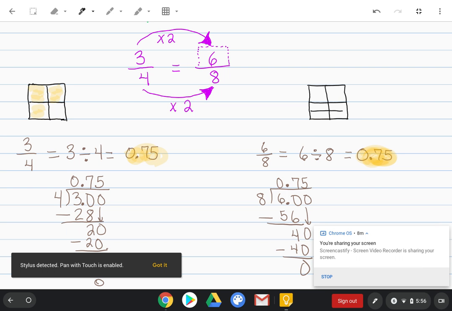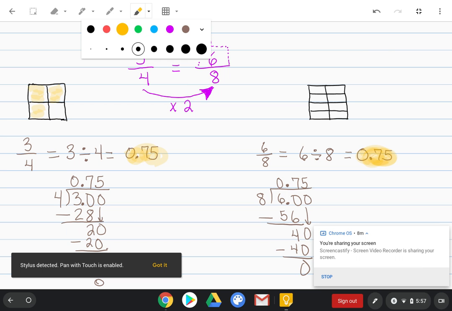If you notice, my box is now divided into 8 equal sections. And this time I'm going to color 6 sections out of 8. So here is 1 section, 2 sections, 3 sections, 4 sections, 5 sections, and 6 sections out of 8.